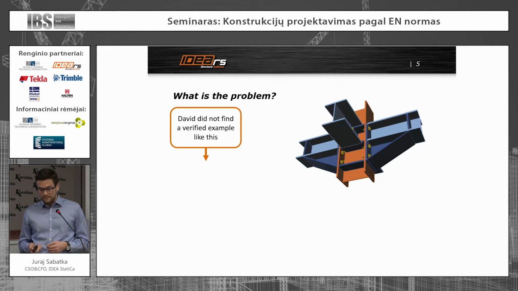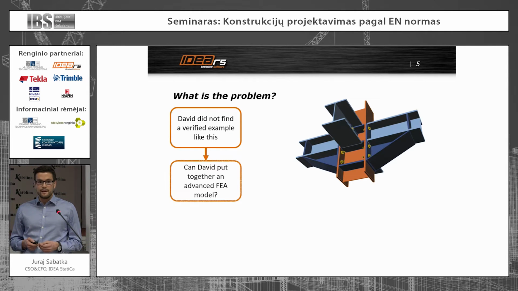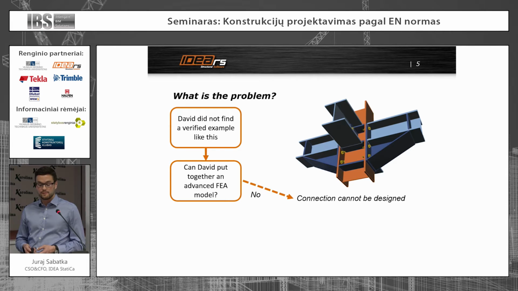If he's not lucky and he did not find such an example, he has to put together an advanced finite element analysis model in Nastran, Abaqus, even RFEM. And he can proceed. If he cannot, he has to find a different way how to do the project.